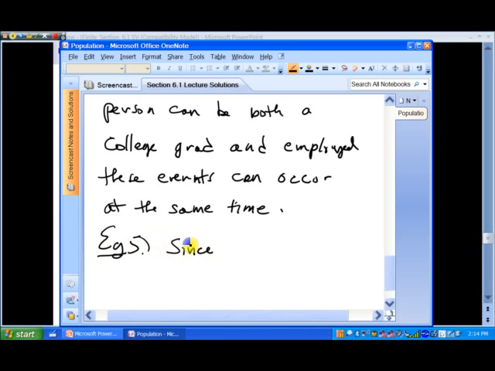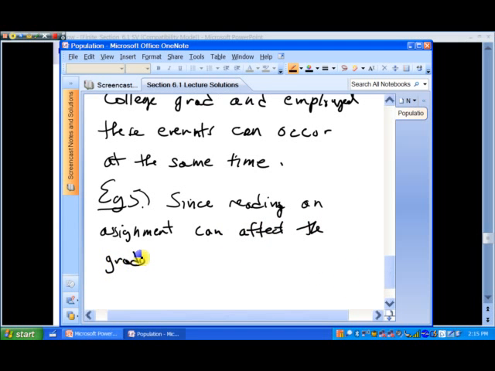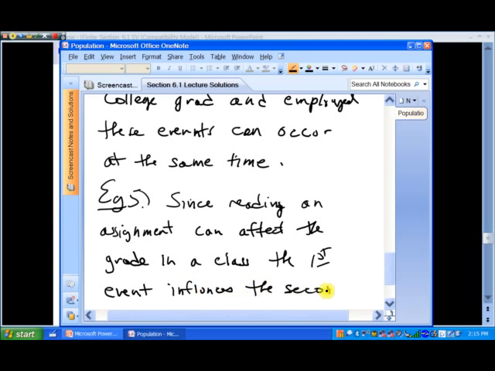So for example 5, since reading an assignment can affect the grade in a class, we can say that the first event influences the second.